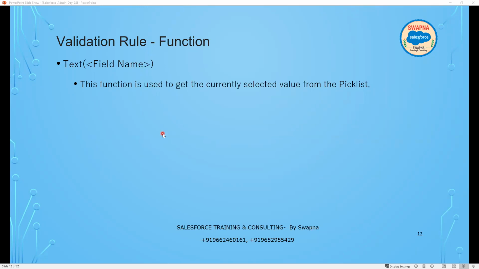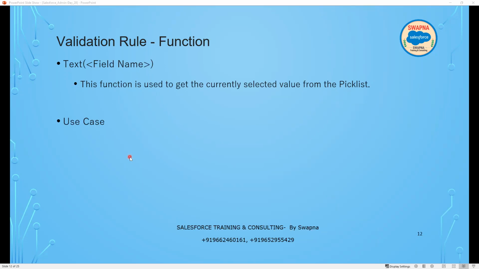Let's assume I have some field value, maybe the field is a pick list field, maybe a multi-pick list field, maybe a text area or number, whatever it might be. Finally, convert that value into text. So in order to do that, we have to use TEXT.